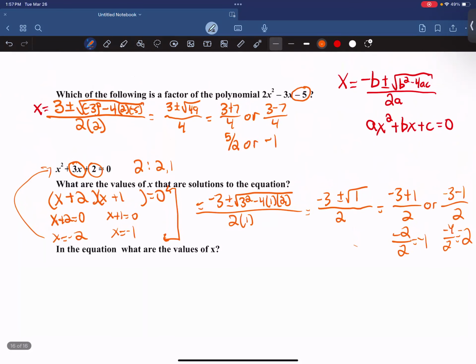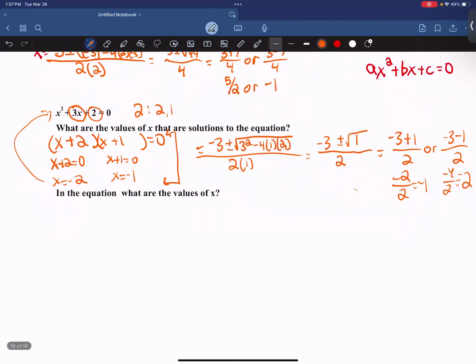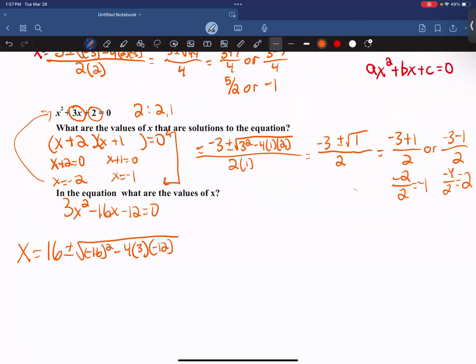My equation disappeared. So in this last one, we are working with 3x squared minus 16x minus 12 equals 0. X equals negative b plus or minus the square root of b squared minus 4ac, all over 2 times 3.